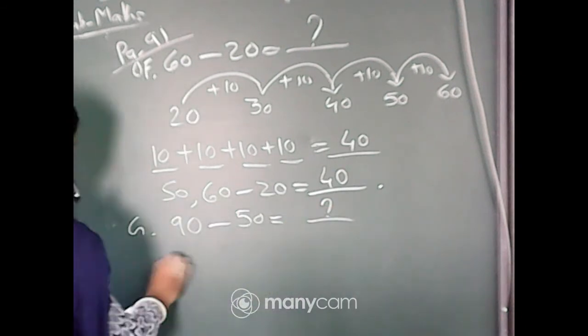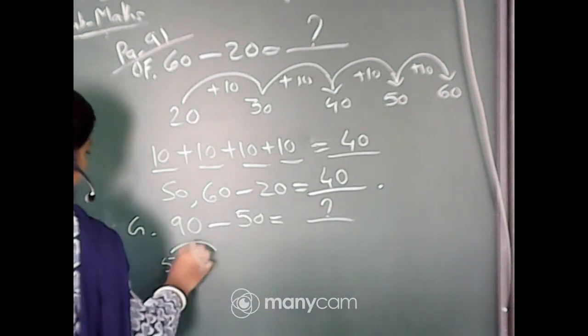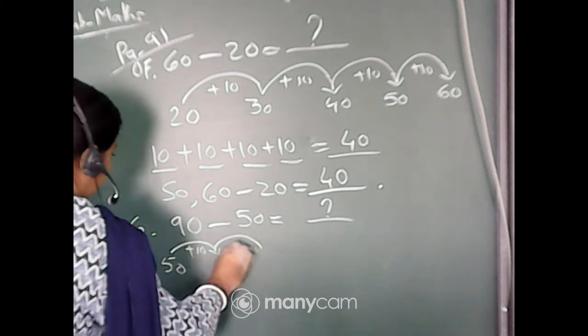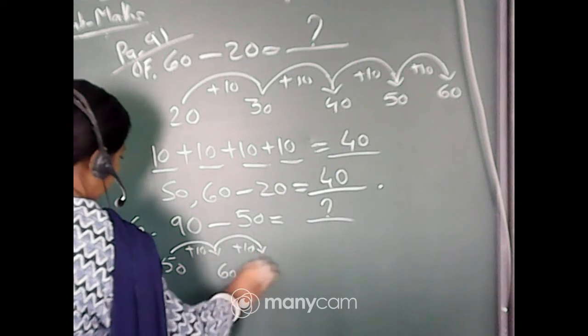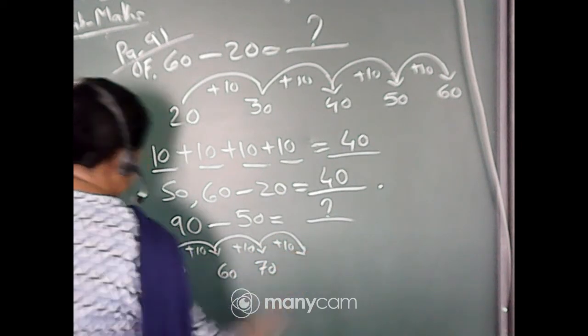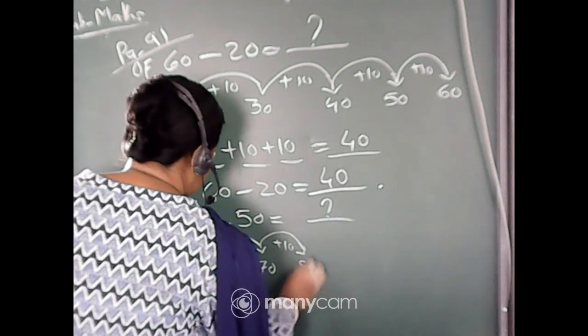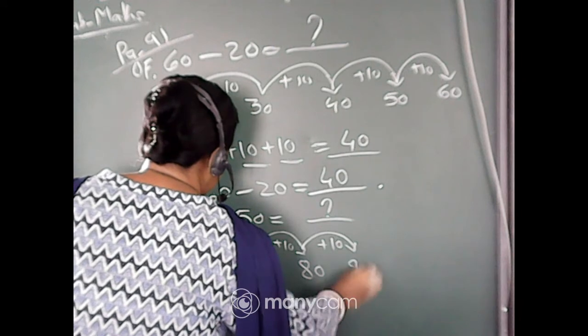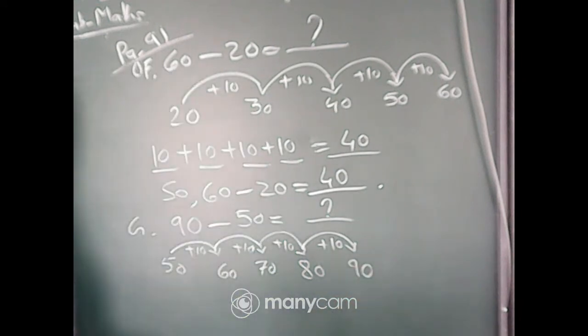You will start from 50. So 50 plus 10, you will go to 60. 60 plus 10, 70. 70 plus 10, 80. Next, 80 plus 10 is 90, isn't it?